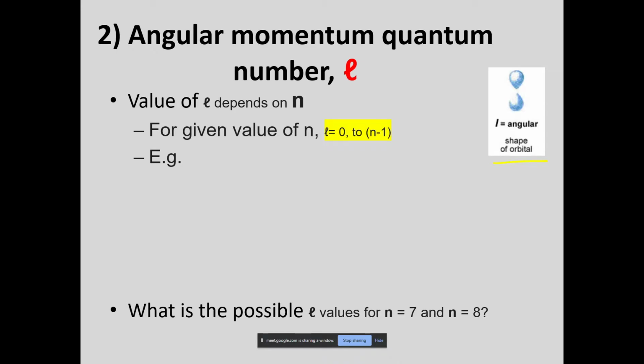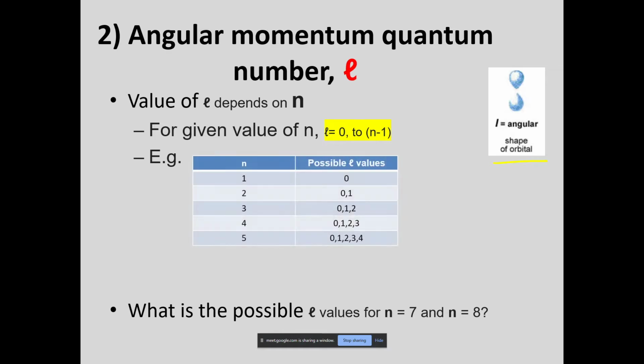We always know the principal quantum number dulu, baru kita tahu what's the possible value for angular momentum quantum number. Okay, so it is ibarat macam ni lah. So this is the rules. So it is ibarat macam ni. So you have RM1.